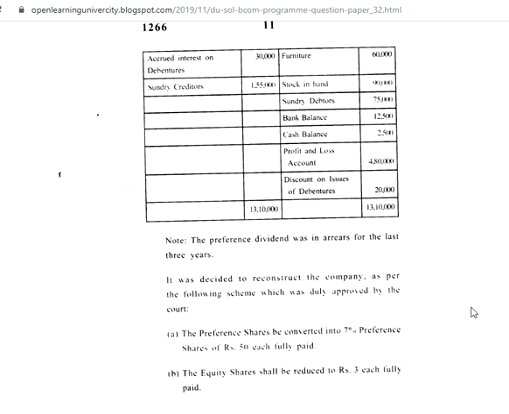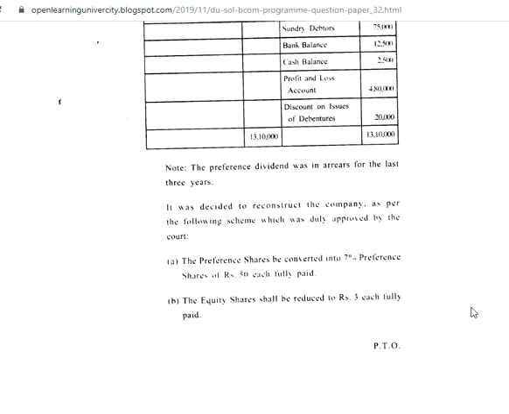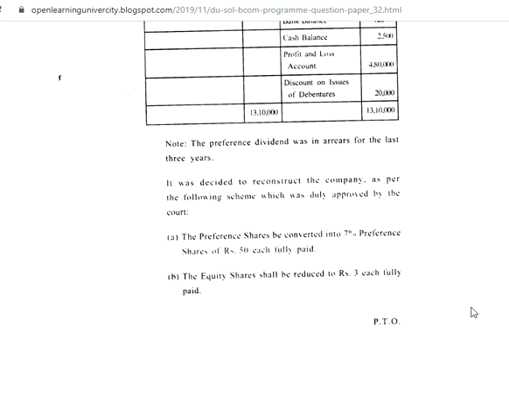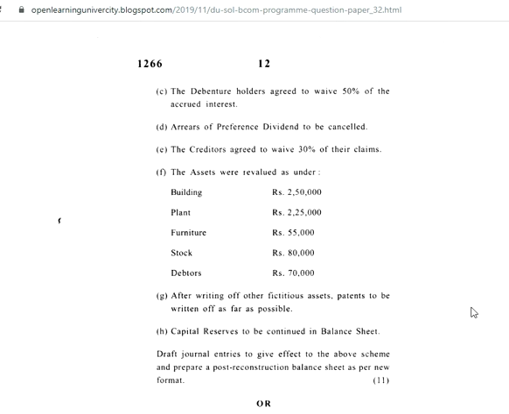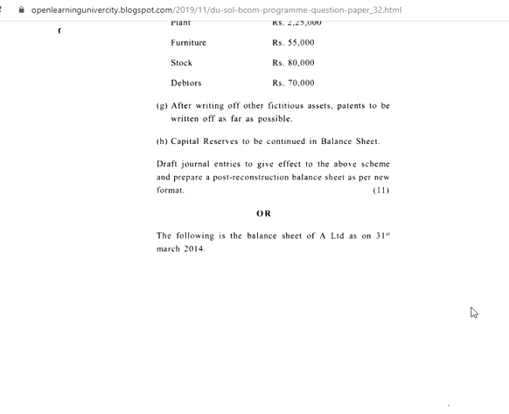Part A, the preference shares be converted into 7% preference shares of rupees 50 each fully paid, and part B, the equity shares shall be reduced to rupees 3 fully paid. Then part C, the debenture holders agreed to waive 50% of the accrued interest, and part D, part E. Then you have to solve each one.